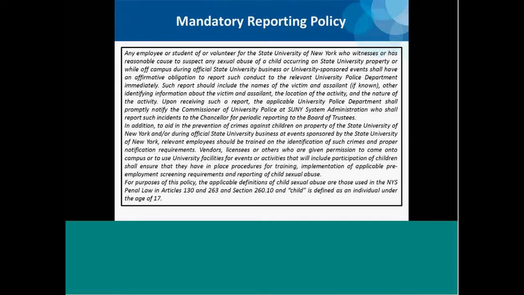Such report should include the names of the victim and assailant, if known, other identifying information about the victim and assailant, the location of the activity, and the nature of the activity.